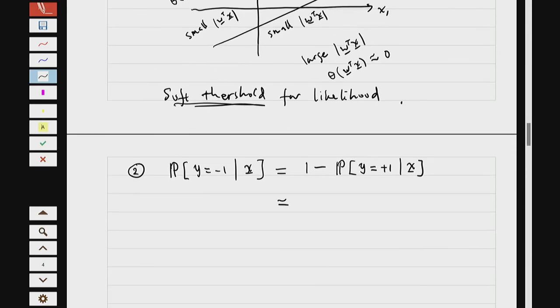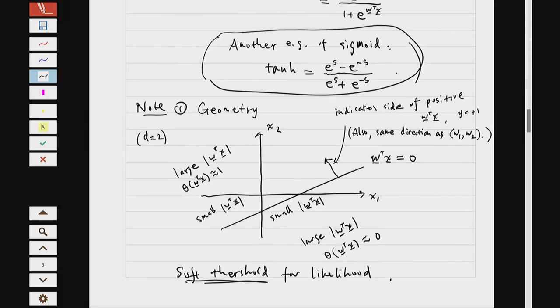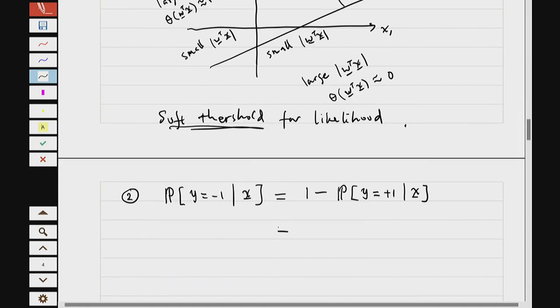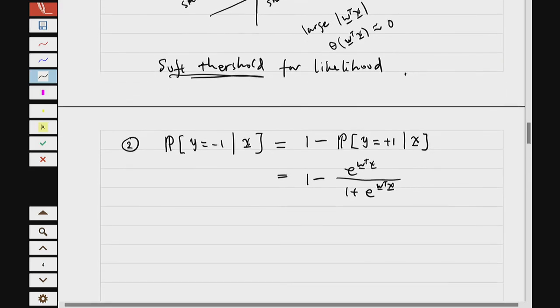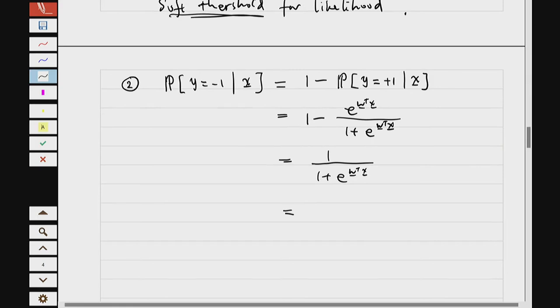So this is equal to 1 minus, well, just substitute our formula for the probability, like that. And then in that case, we will get 1 over 1 plus this guy. And well, let's do one more step.